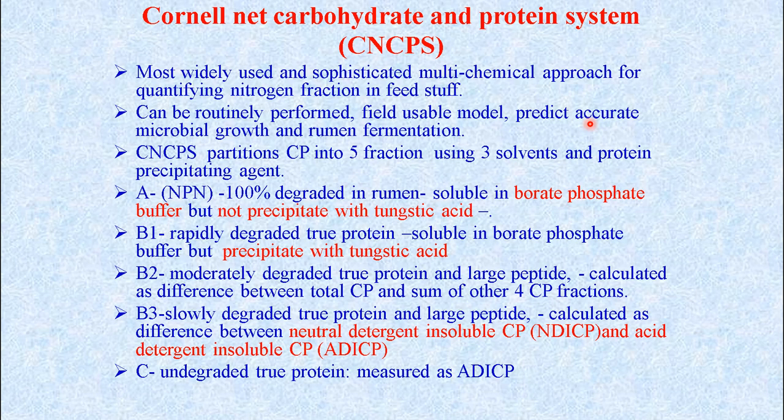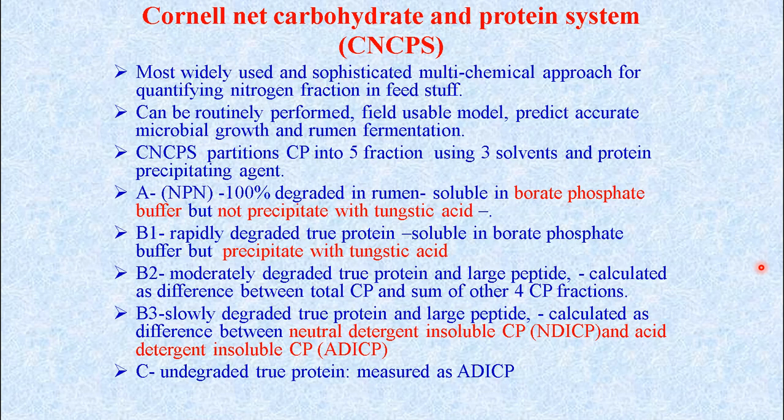Then B2 is moderately degraded protein and large peptides. This is calculated as the difference between the crude protein and the above said CP fractions.